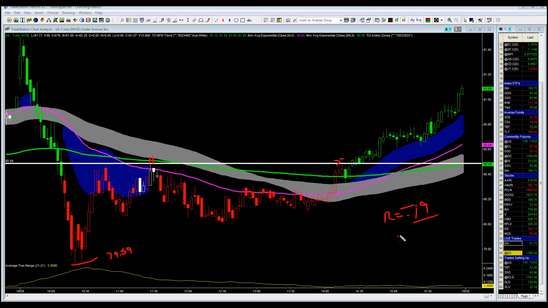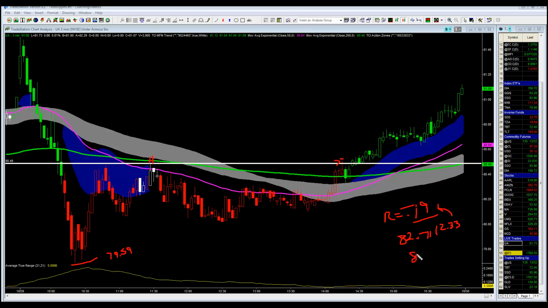80% of profit objective number one is $82.71. I'm looking to make $2.33 with an initial risk of 79 cents. That's 80% of profit objective number one, where I'll take something off the table.